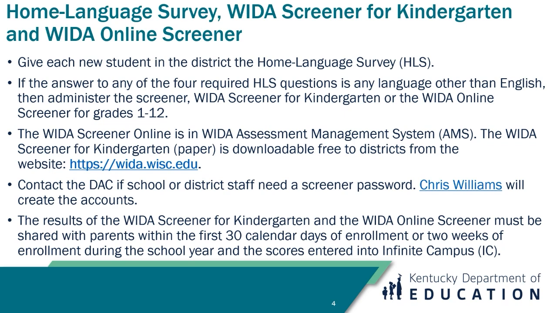When the parents are filling this out, the home language survey should be a separate form that the parent fills out when they register their students at the beginning of the school year. You want to make sure you've got an interpreter there in case the parents need some translation, or you need translation with both the parent and the student.